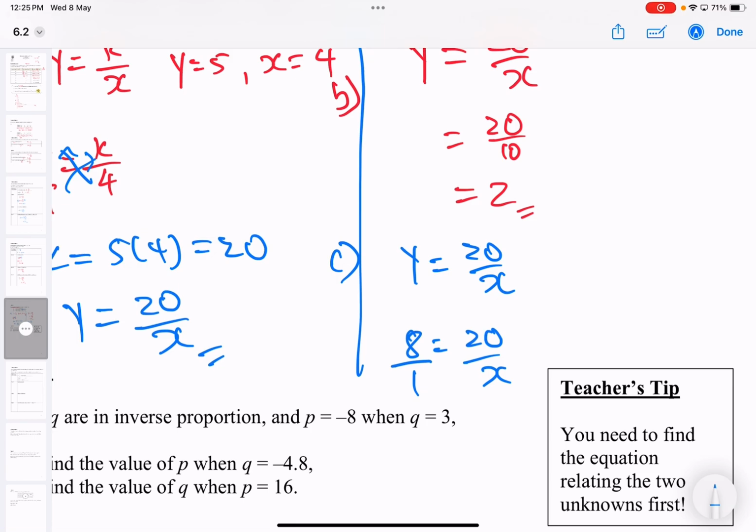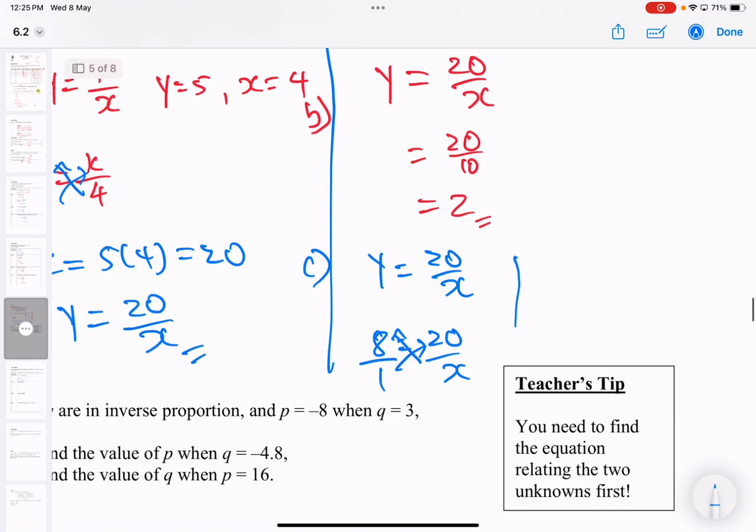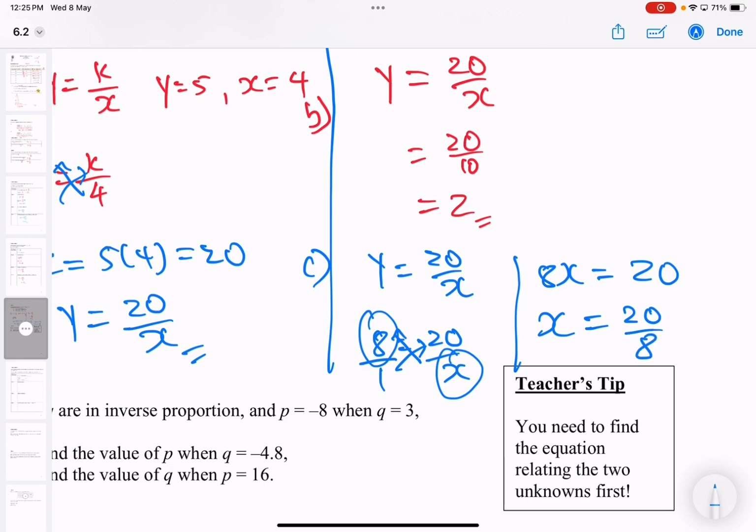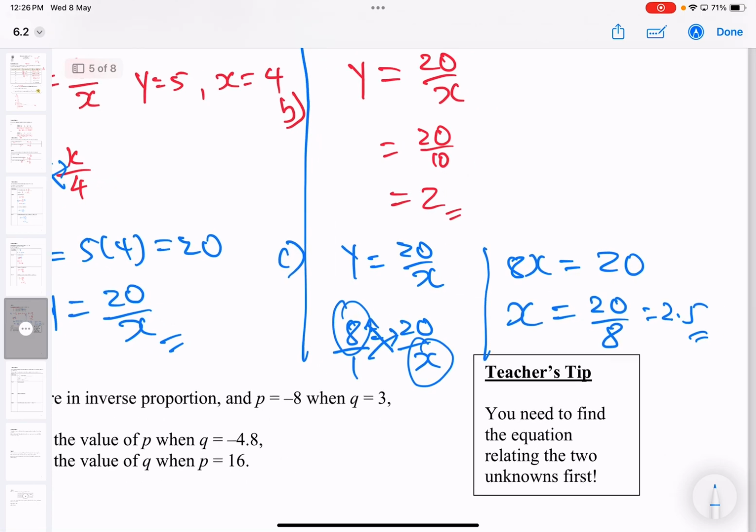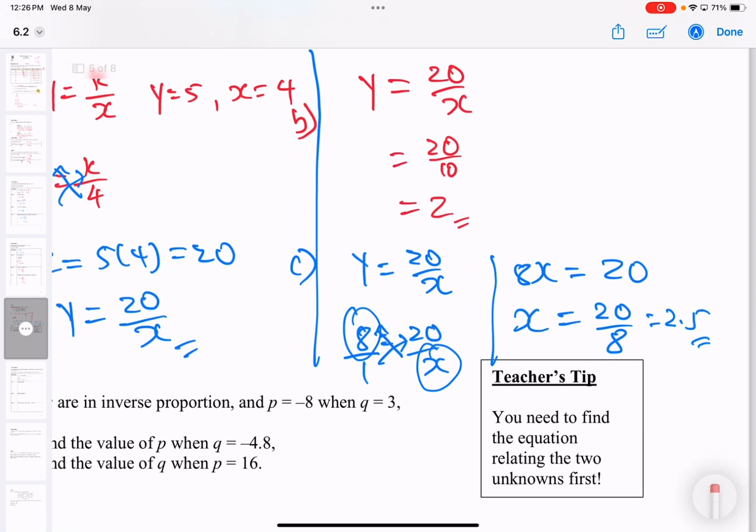I change this into a fraction. I cross multiply. So I'm going to get 8 times x, which gives me 8x is equals to 20. So x is just 20 divided by 8. So what is 20 divided by 8? 2.5. Alright, so this is my answer.